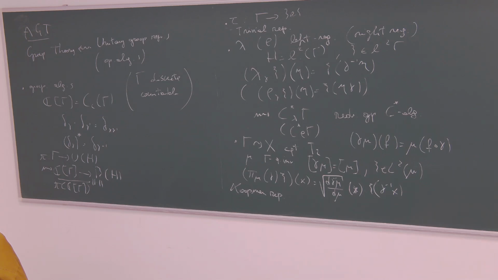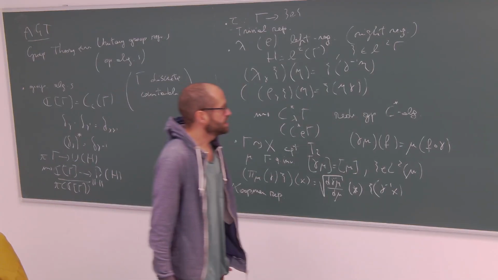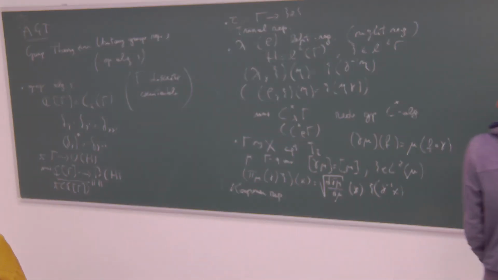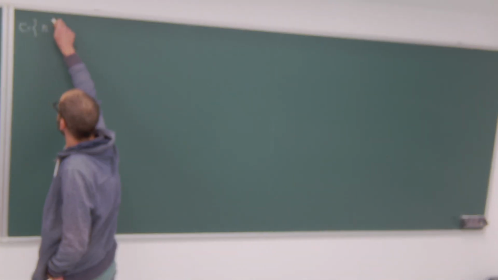And okay, so now we know that we have some unitary group representations, and we can also do something a bit abstract. We take a family tau of unitary group representations, and we construct a C*-algebra using this family.